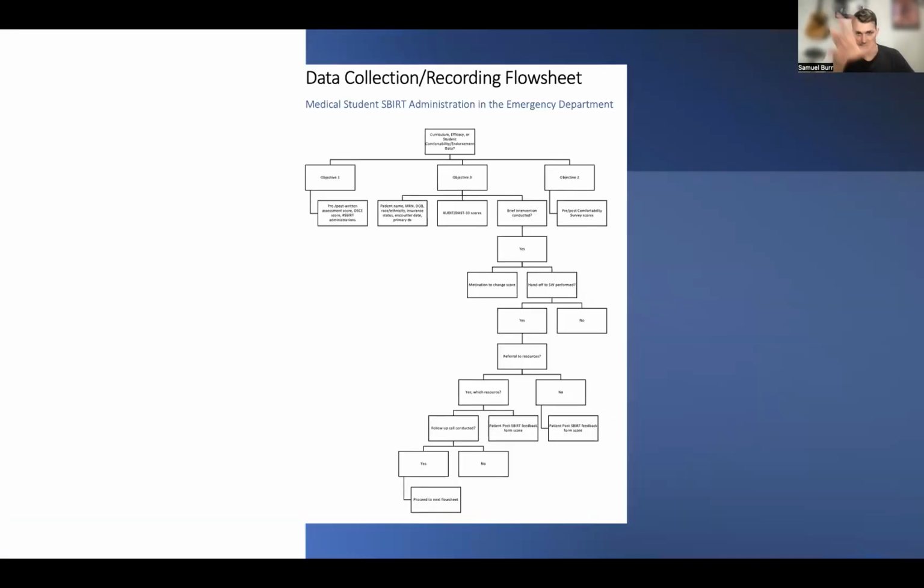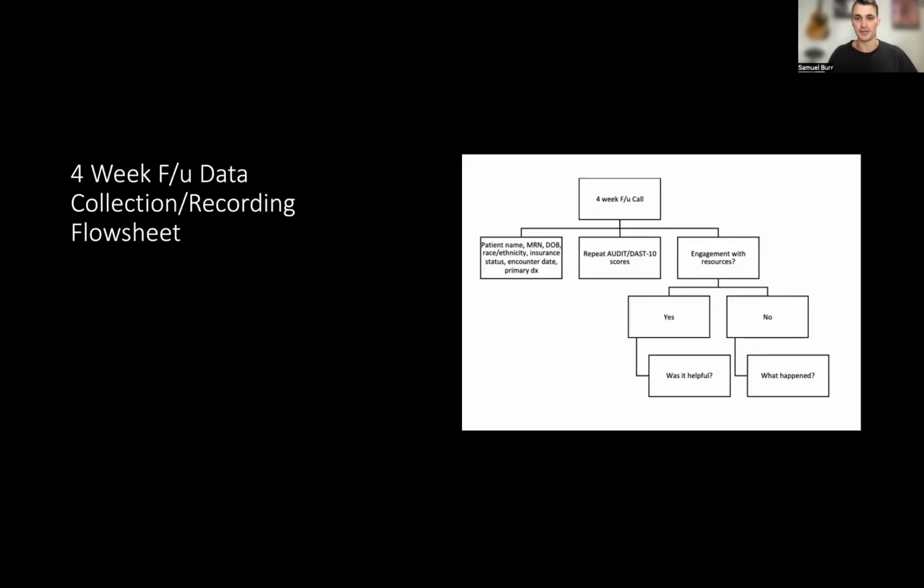And I have this data collection recording flow sheet that I'll provide to students as well. It's fairly straightforward. As far as their initial encounter with the patient, what we're going to be recording is whether they screened positive, if a brief intervention was undertaken, if a referral was made, and then the subsequent measures will be that follow-up call, for which there's a 4-week follow-up data collection recording flow sheet, hopefully organized and helping them know what to pay attention to.